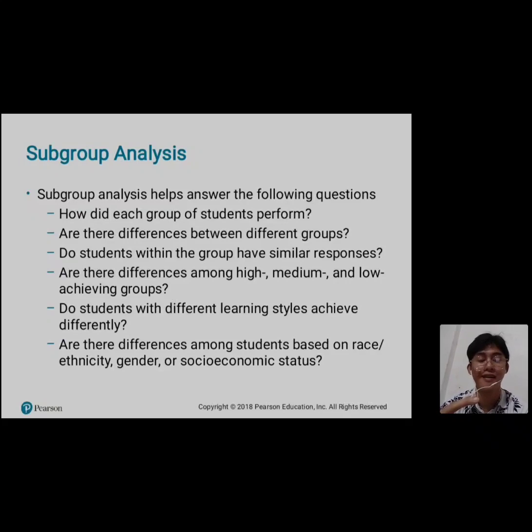Of course there are, because students are diverse, and each group is not the same, and each member of the group has different thoughts, different ideas.